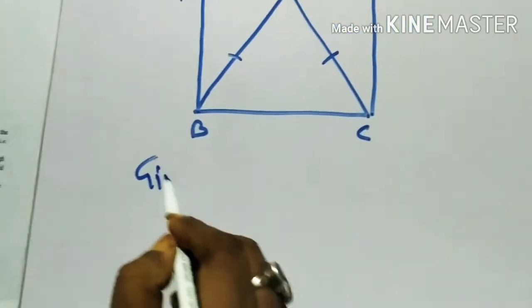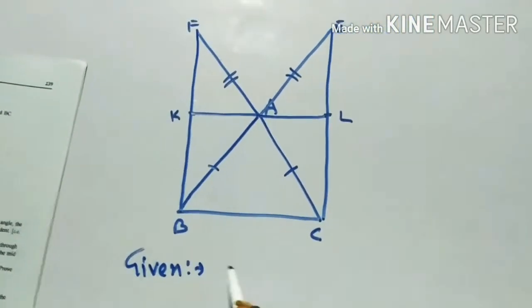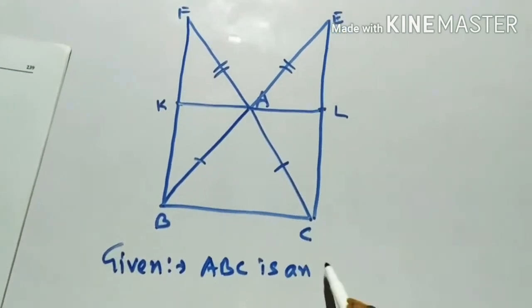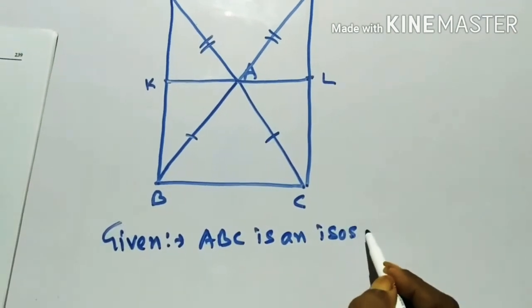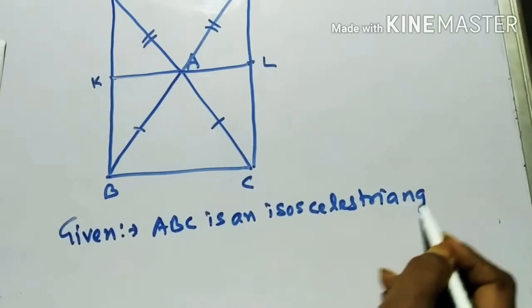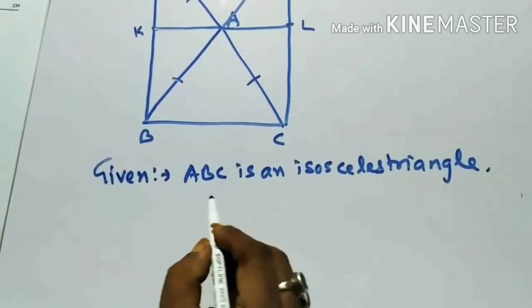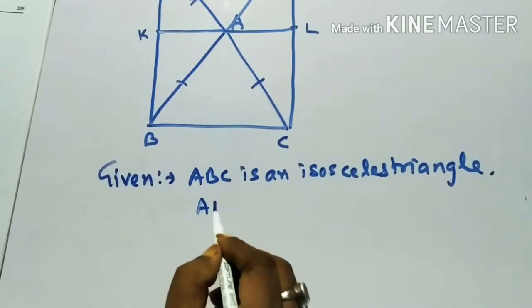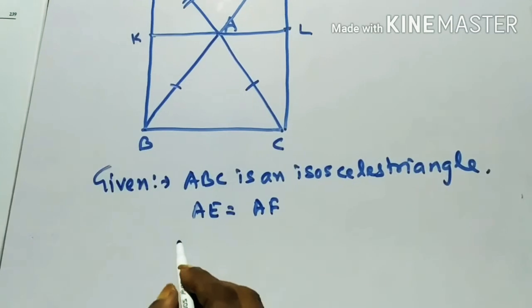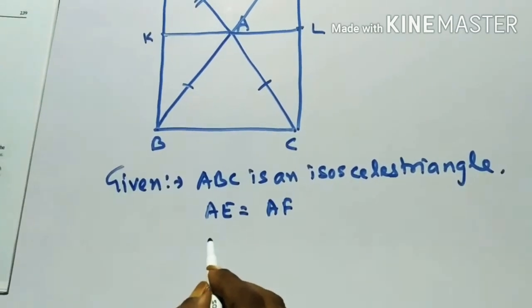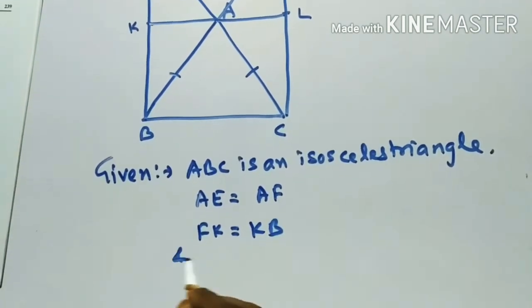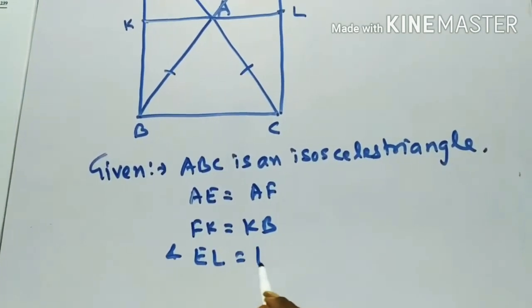It is given ABC is an isosceles triangle, and AE is equal to AF, and K and L are the midpoints.